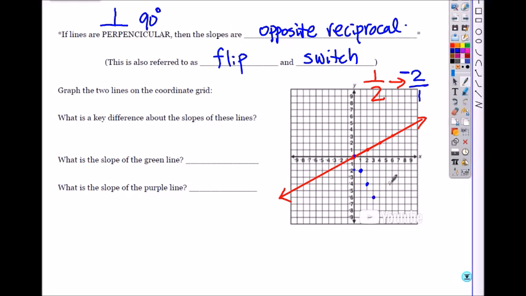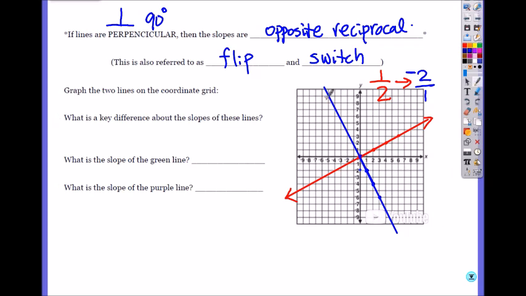And when you connect them, it becomes the perpendicular line. And you can tell by looking at it, right? Doesn't it look 90? Doesn't it form 90 degrees? So what is the key difference about the slope of these lines?